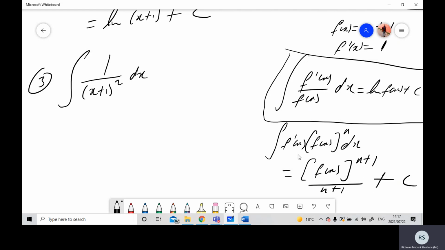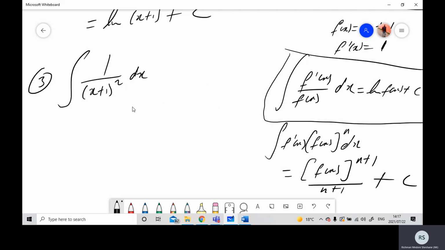This standard integral says if you want to integrate a function that is to the power of n and there's a derivative of the inner function outside, you can just drop f prime and integrate the box which contains f of x: n plus 1 over n plus 1 plus c.